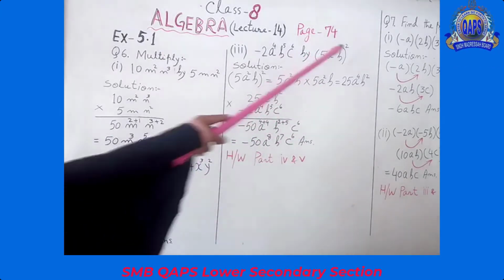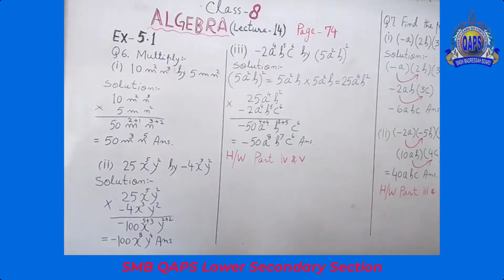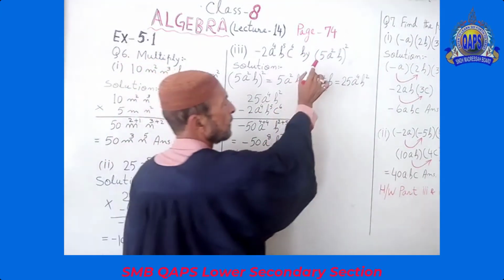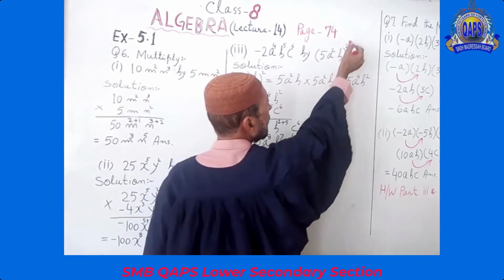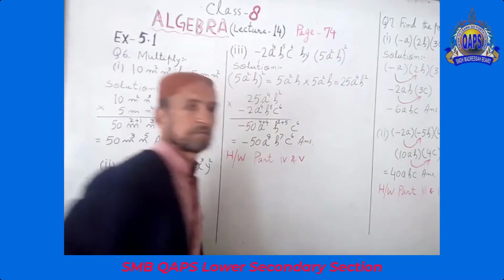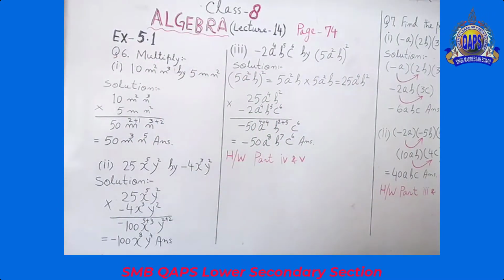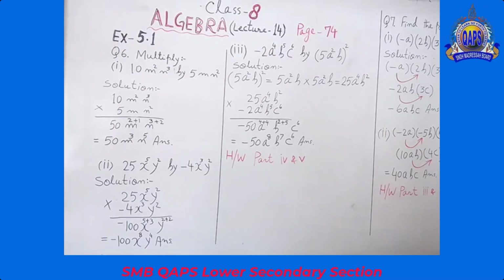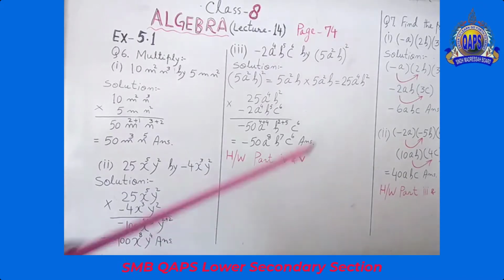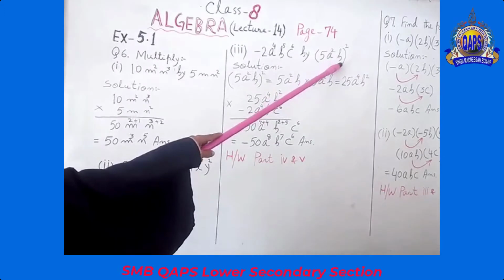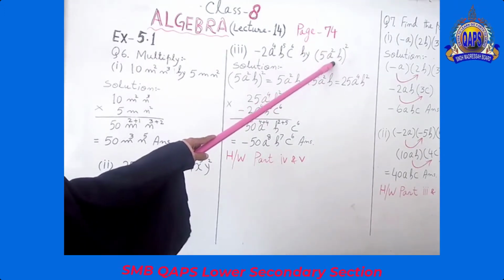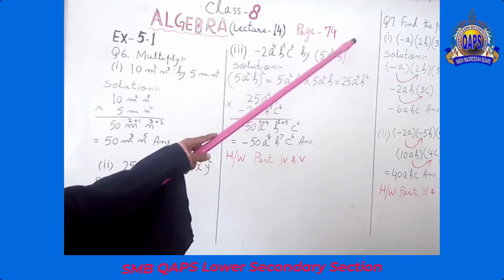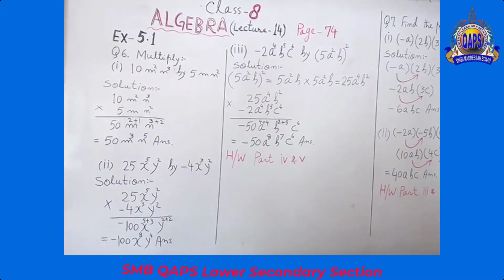Look at the board carefully what I am saying. 5 a2b whole square. Do you understand? What does it mean by whole square? It means you will have to multiply 5a2b by itself. It will be whole square. You know it very well.